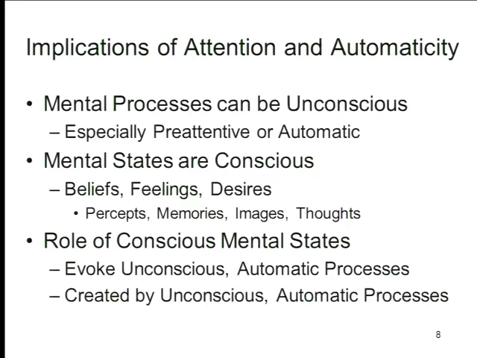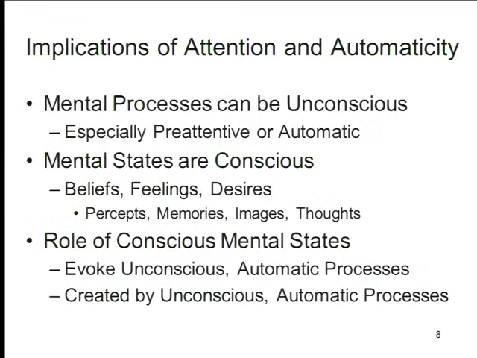But these automatic processes themselves operate on mental states, okay? There are percepts that are operated on by automatic processes that generate other percepts. Or there are memories that are operated on by automatic processes that generate various kinds of thoughts and ideas.